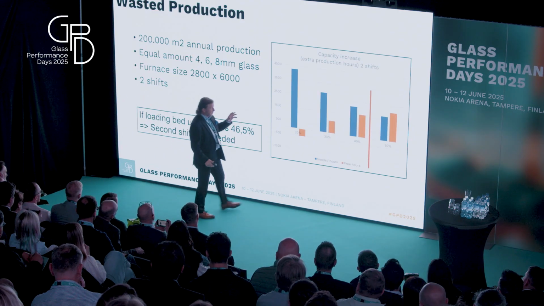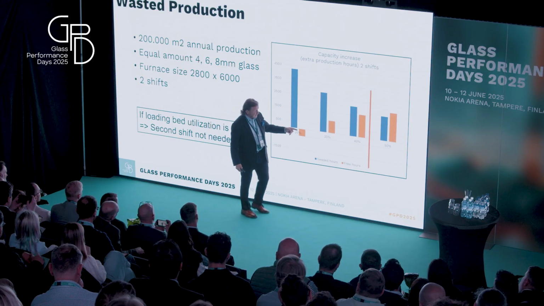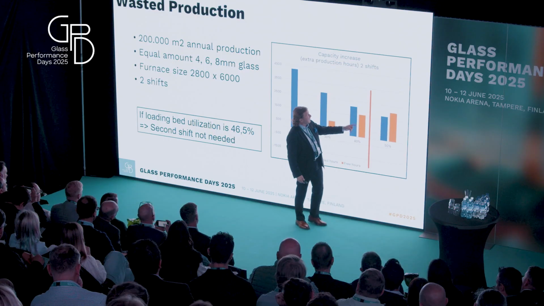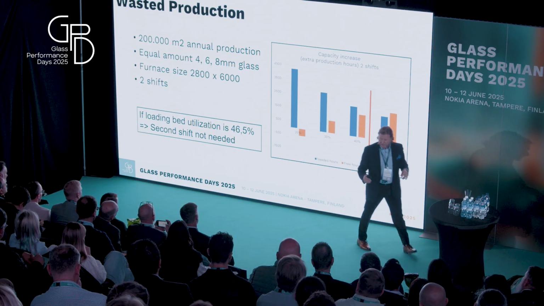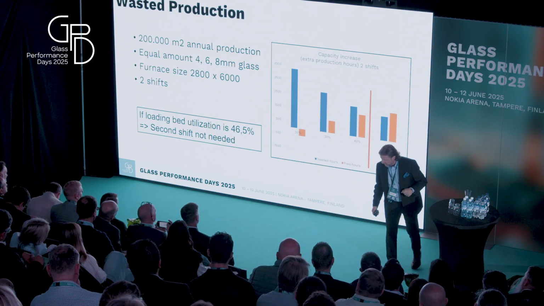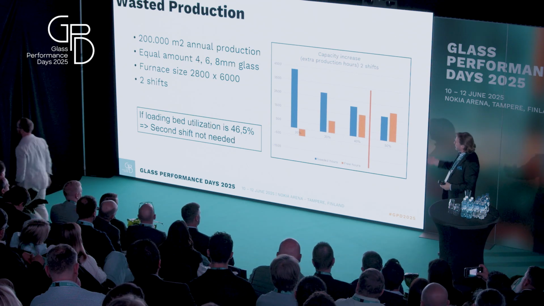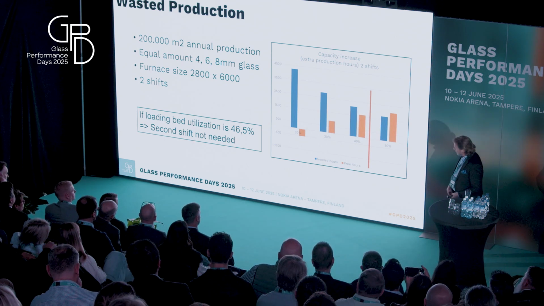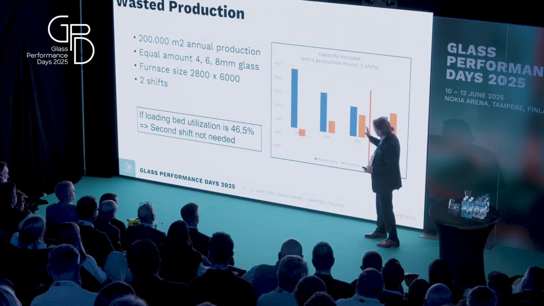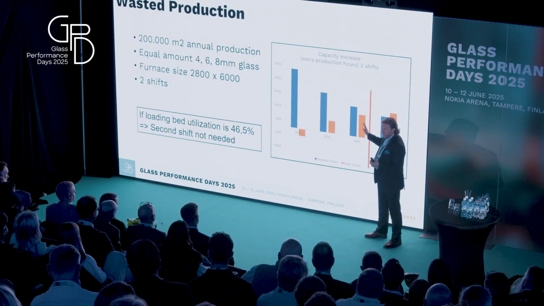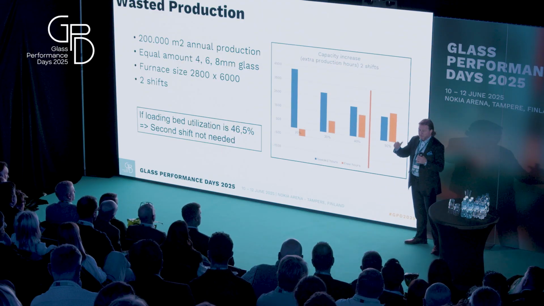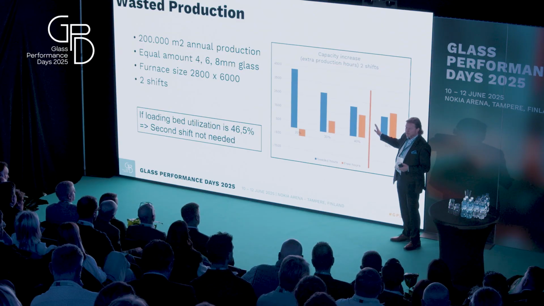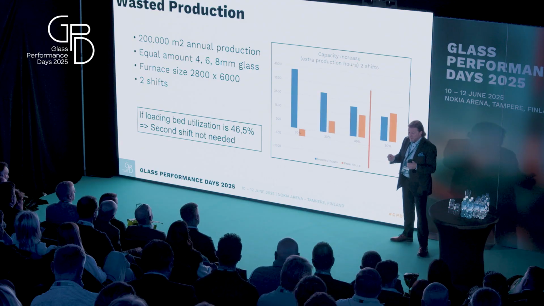Increasing the loading bed efficiency from whatever it is in the beginning. But if you can reach 46.5, if I remember correctly, 46.5, you can omit the second shift. This level, of course, depends very much on the type of production, on the type of factory, but the limit is somewhere. And this is something that I recommend to be evaluated.